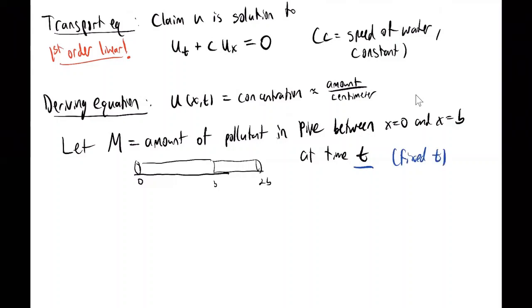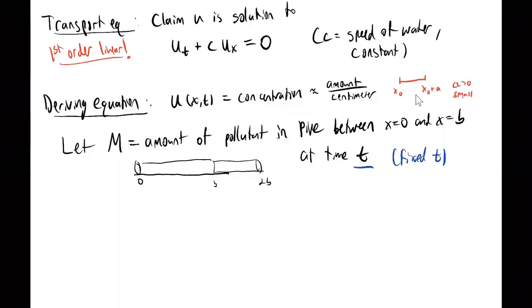Okay, and well, given that my function u at time t tells me the concentration, how can I derive the total amount, right? So that's a question. Well, notice that, let's say I'm in a tiny interval, say between x naught and x naught plus a, where a bigger than 0 is really small.